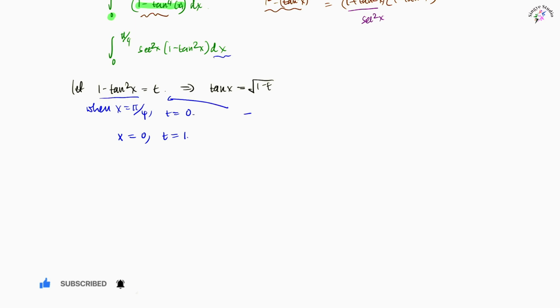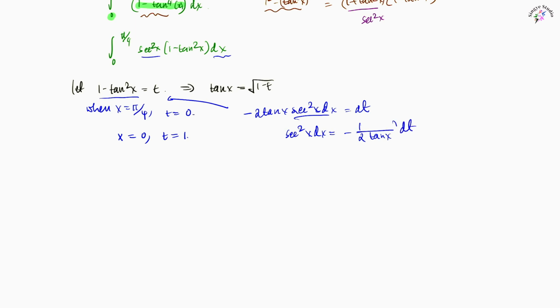We also have to differentiate this, so we will get negative 2 tangent x secant square x dx, due to the chain rule, equals dt. And we know that this secant square x we can replace here, so I will solve for secant square x dx. It will be negative 1 over 2 tangent x dt. And what is tangent x in terms of t?